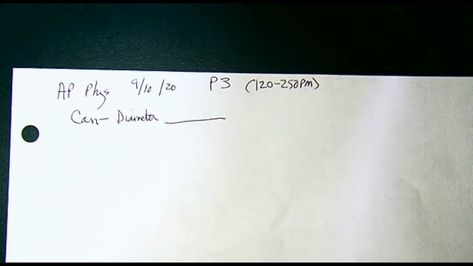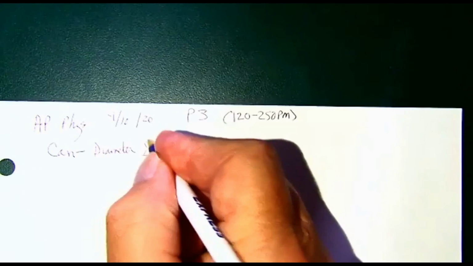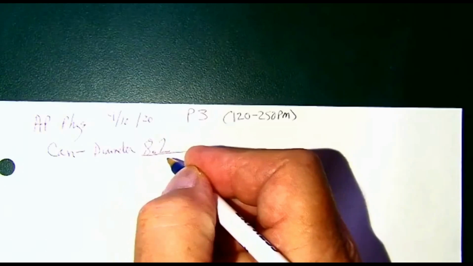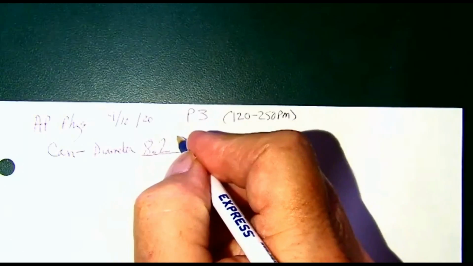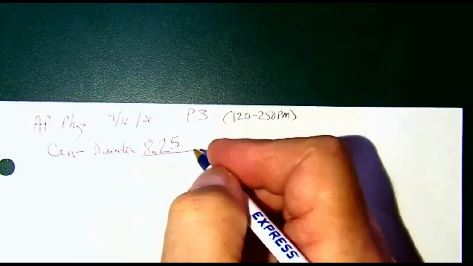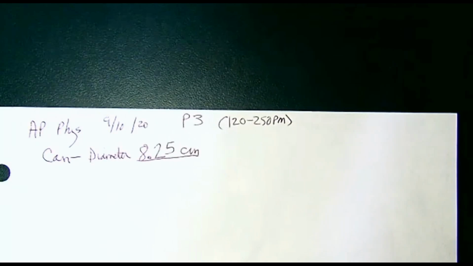So I'm going to show you what I did. Measure the diameter and write that down. For me, I have 8 full centimeters and 2 full millimeters, and it's halfway through the gap to the next millimeter line, and I would write that down, okay? 8.25 centimeters. Please do that for your own can.